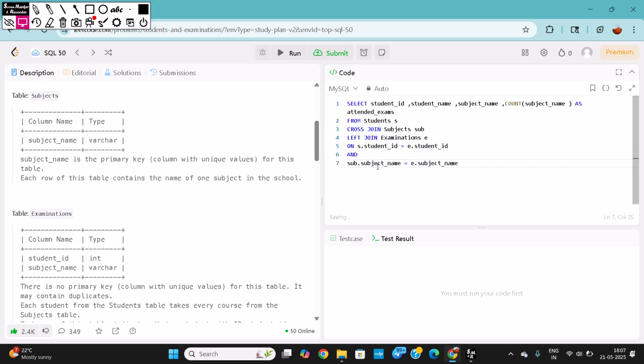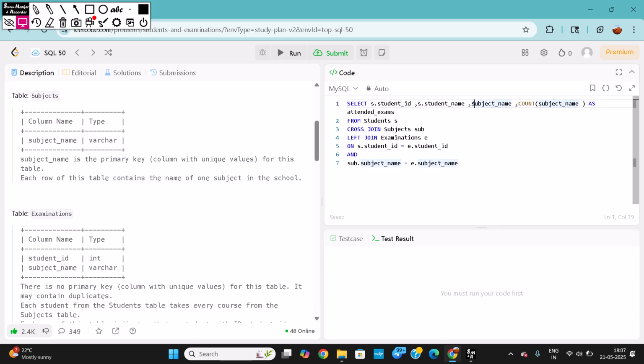Okay. So by the way, first of all, for the select statement, I have to mention which table the student ID is from, which table the student name is from, all this, right? So first of all, we will take the s dot student ID from the students table, s dot student name also from the students table, and the subject name from the subject table.